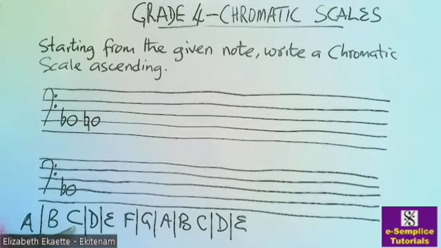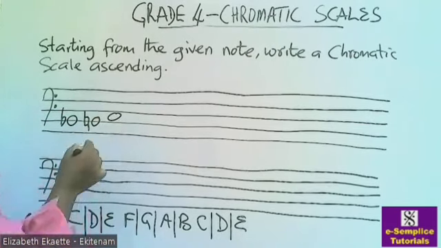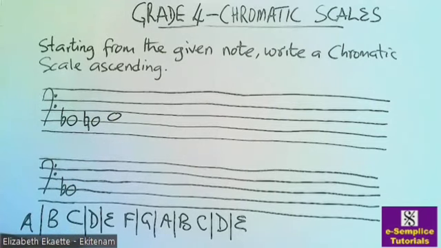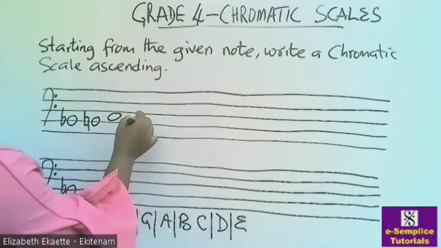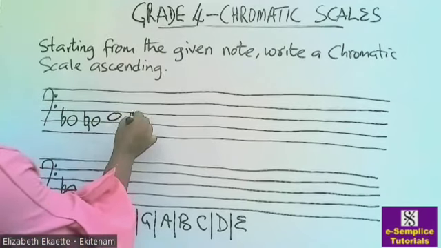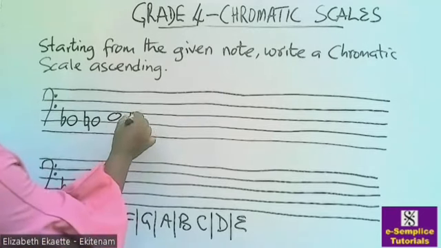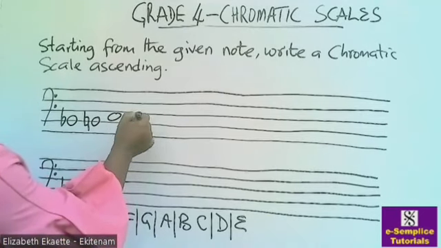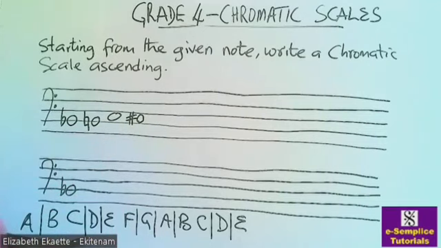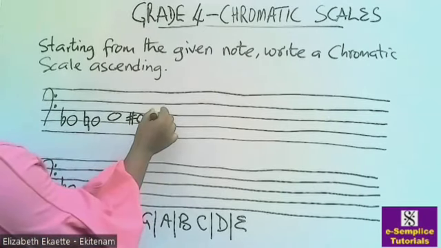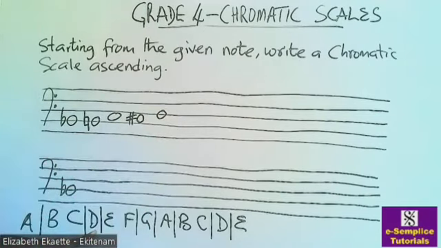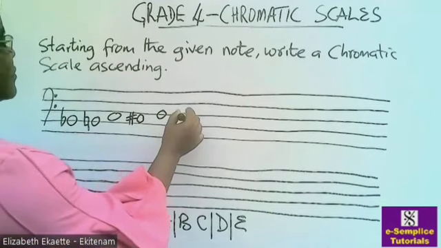Then from B, you go to C. That's a C. Now from C, you go to C sharp. You have C sharp there. From C sharp, you have a D. Now from D, you go to D sharp.